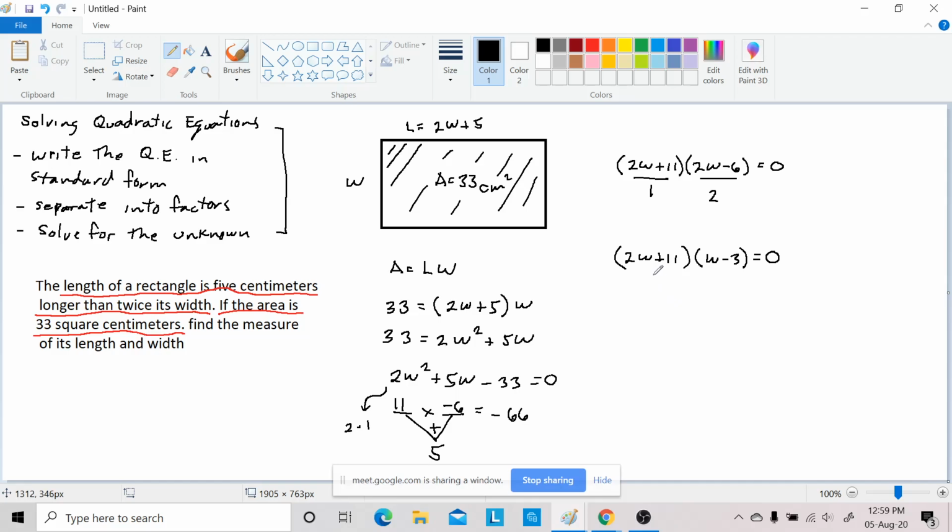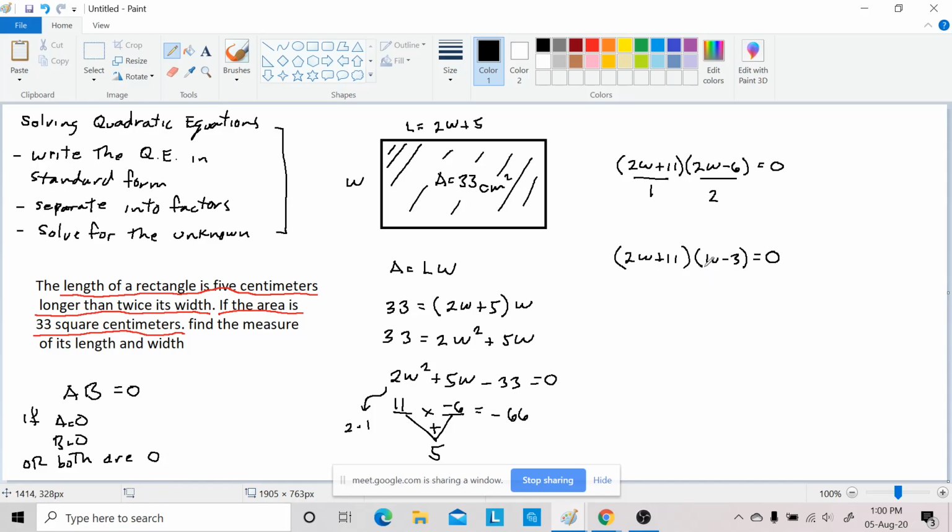Remember, this is only possible to get 0 out of these two if one of the groups is 0. Just like what we said before, if you have two numbers a, b equal to 0, this is only possible if a is equal to 0, b is equal to 0, or both are 0.